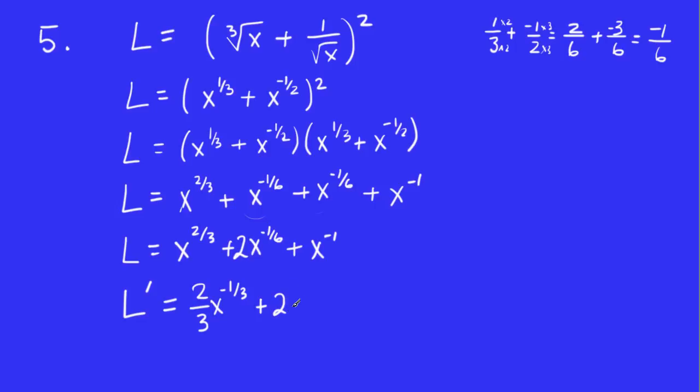Here, well, I'll just write 2 opening bracket. Remember, if you have a constant times a function, you write the constant, and then you multiply by the derivative of that function afterwards. So negative 1 over 6 x to the negative 1 over 6 minus 1 is negative 1 over 6 minus 6 over 6, which is negative 7 over 6.